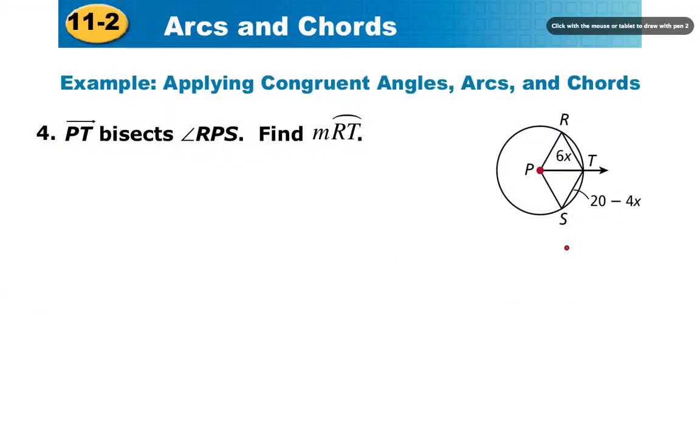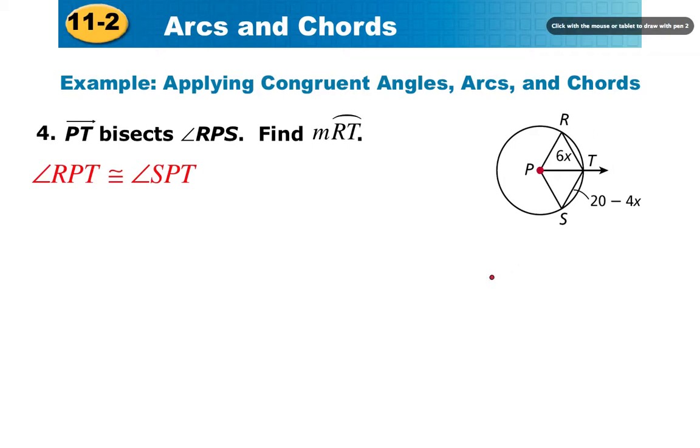Problem number 4 says that PT bisects center angle RPS, and they want you to find the measurement of arc RT. Since PT bisects that angle, we know that angle RPT is congruent to angle SPT.